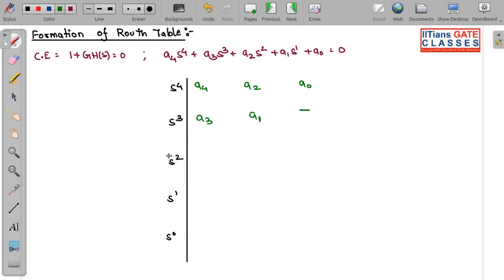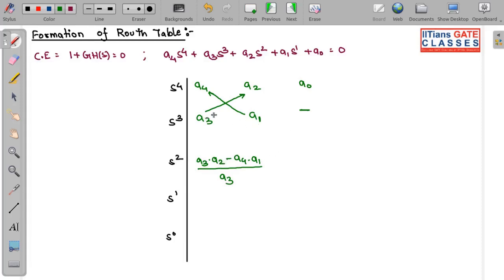Now how do we fill the subsequent rows? Look over here, for filling this element, we will cross multiply this and subtract. So a3 dot a2 minus a4 dot a1 divided by a3. This is the first element of this third row.